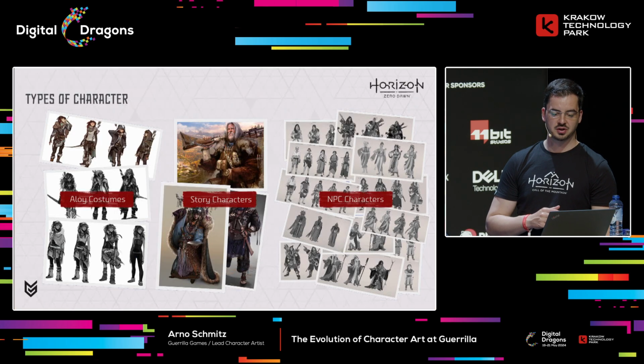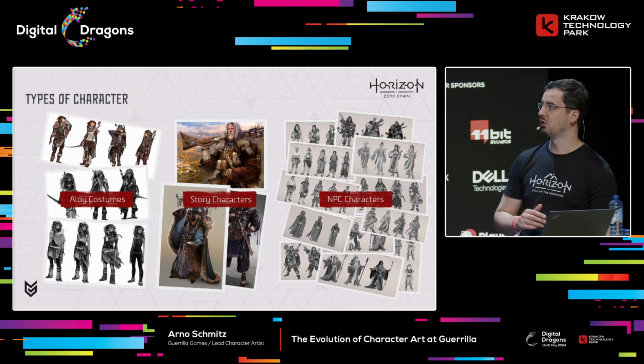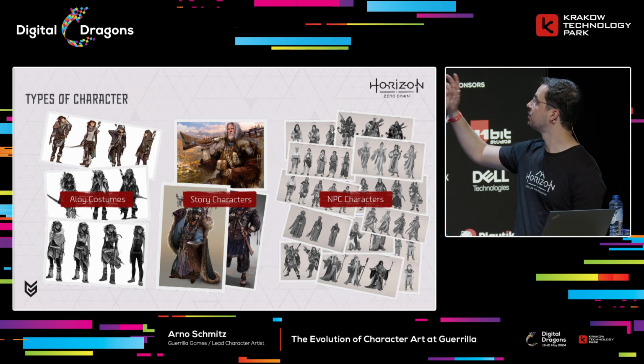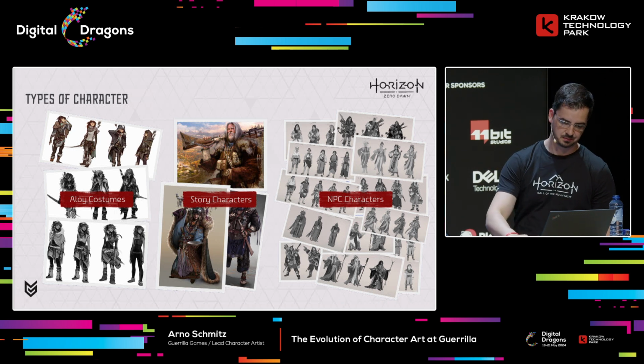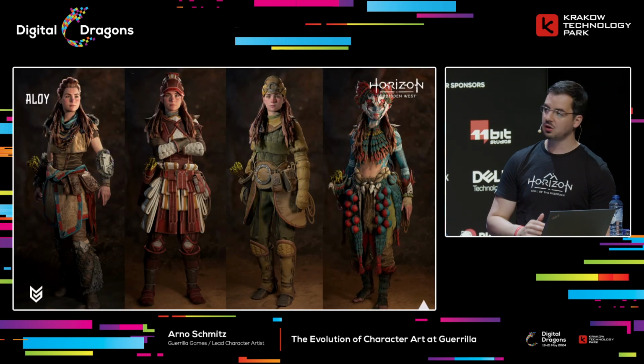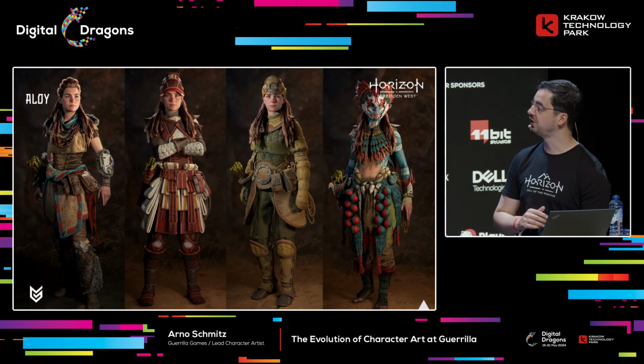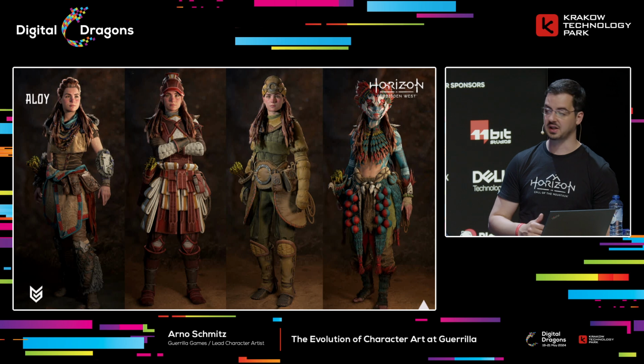So how we approach filling this open world is by breaking the characters down into 3 categories. We have Aloy, story characters, and NPCs. For Aloy, we put a lot of effort into making nice-looking, unique outfits, usually associated with a strong theme, like a tribe or a machine.